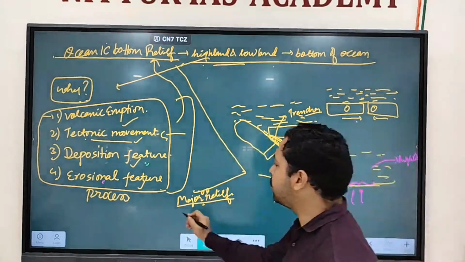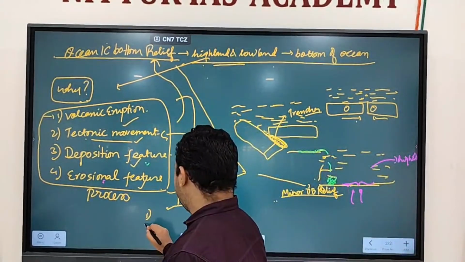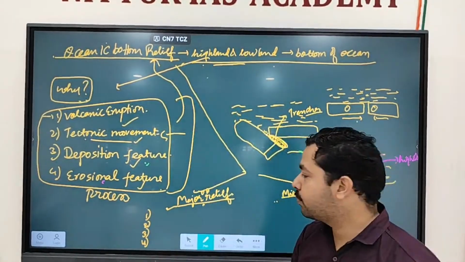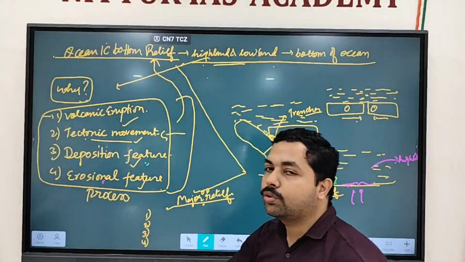What is a major oceanic bottom relief? Major oceanic bottom relief is of four types.